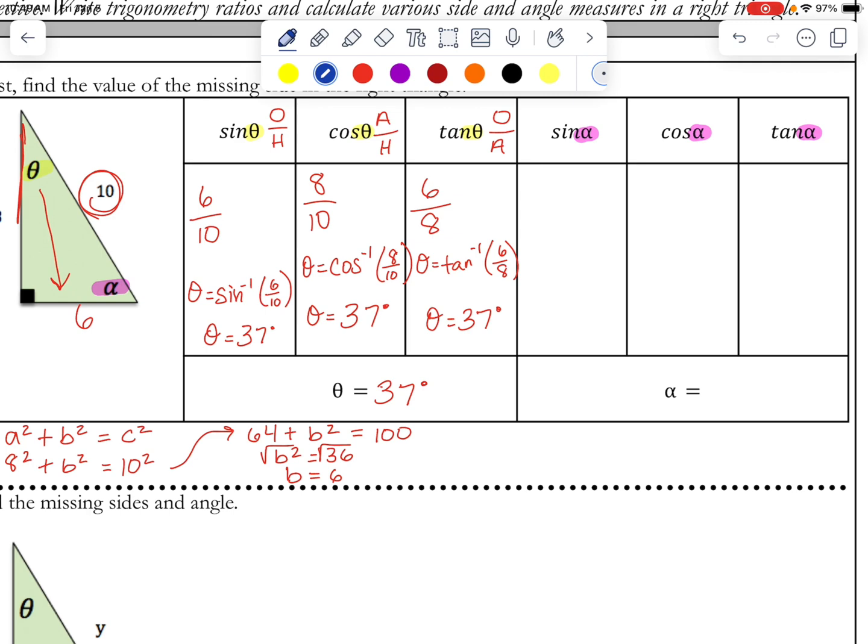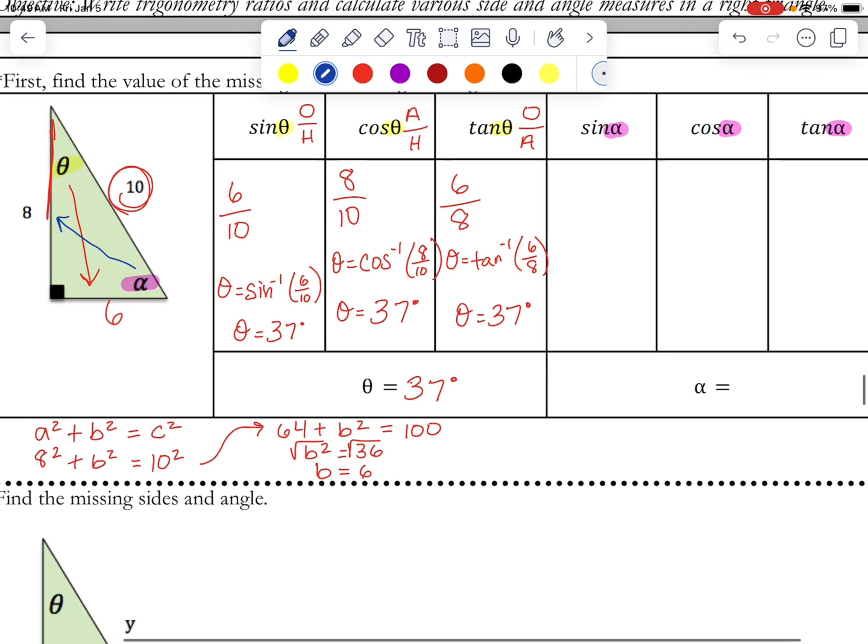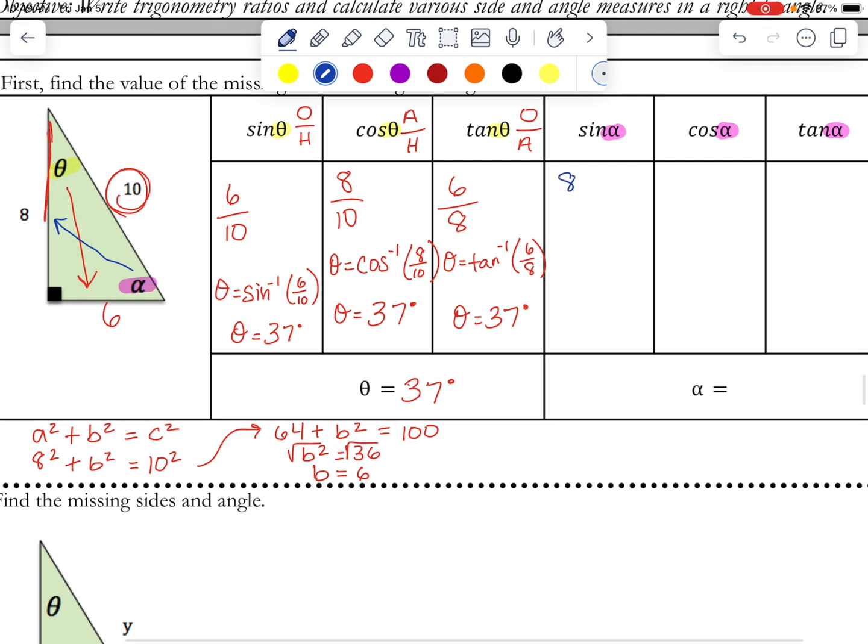So opposite of alpha would be our 8 over our hypotenuse is still 10. So now alpha equals the inverse of sine, 8 over 10. And that should give you 53 degrees when you round to the nearest degree.